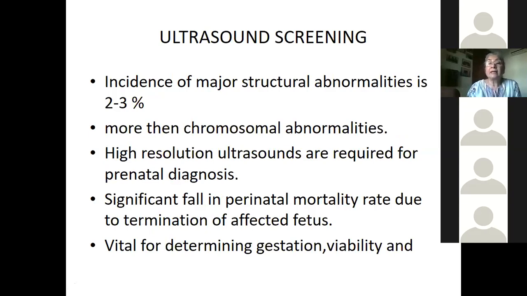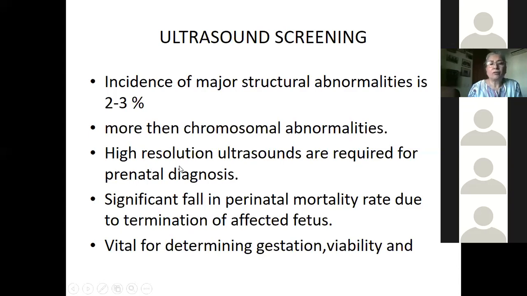Now, the second technique by which we screen the patients, and if you have been attending the gynae obstetric outpatient clinics, you've seen that between 18 to 22 weeks, we always prescribe an anomaly scan to pregnant females to check for major structural abnormalities. Some of the soft markers for chromosomal abnormalities are also looked at.